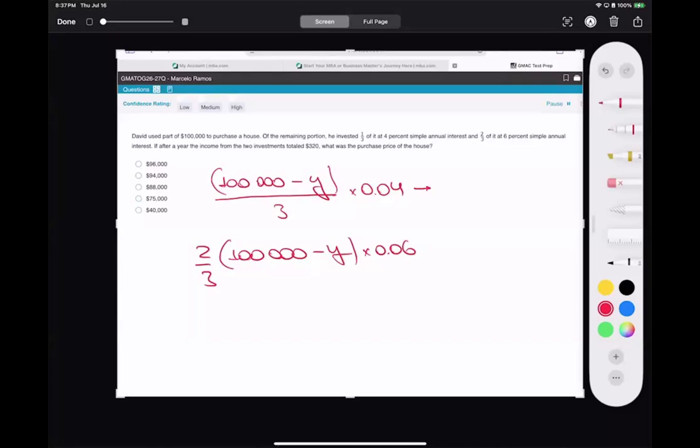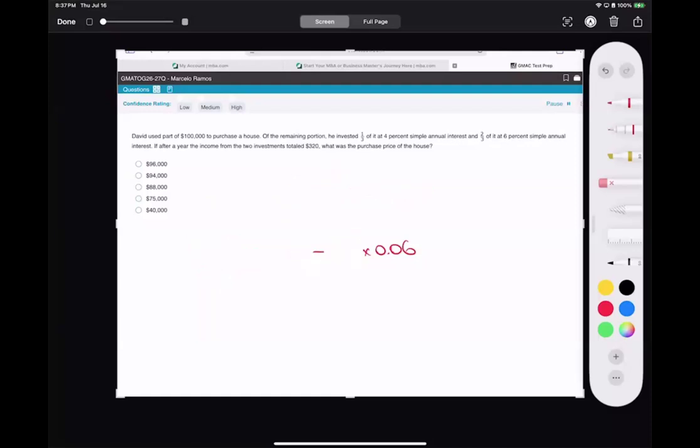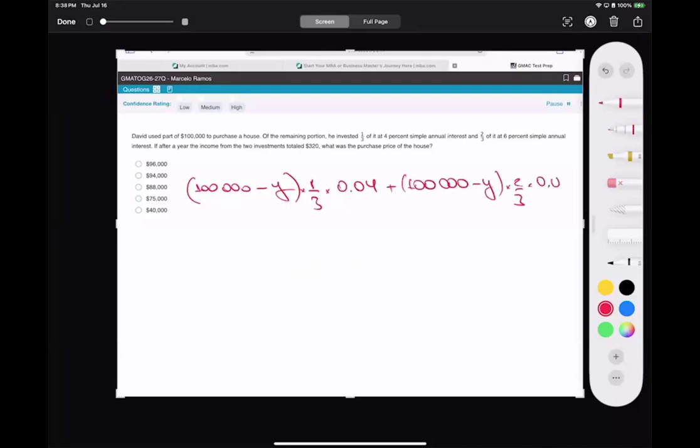How do I do this? What I would do is build it again to show you guys something. Maybe it's better the way that I do the layout. 100,000 minus y, 1/3 of this at 4%, plus 100,000 minus y times 2/3 times 0.06.